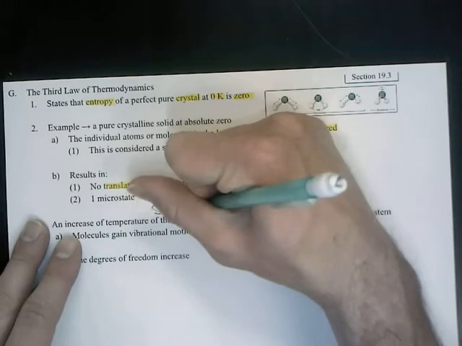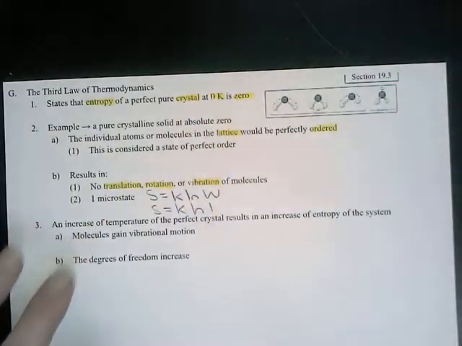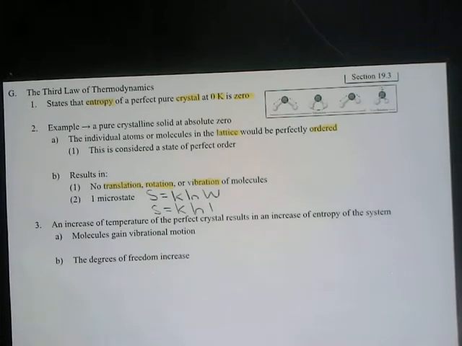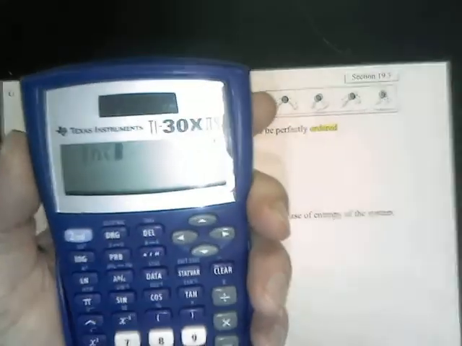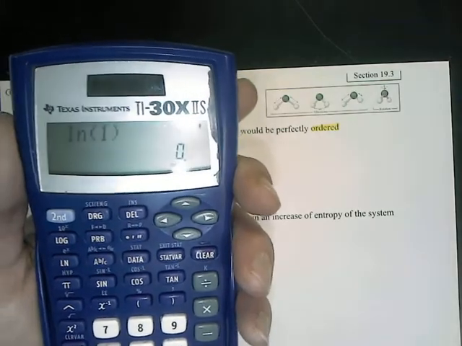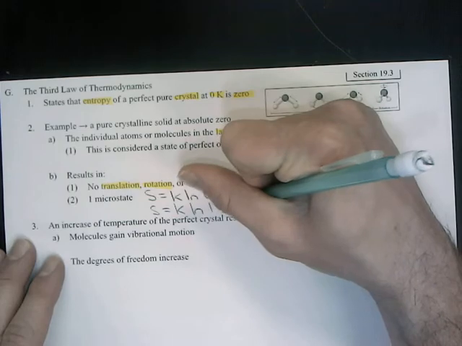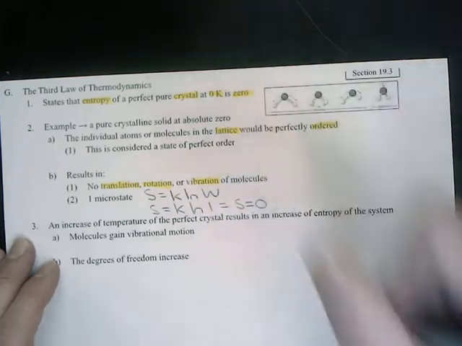I'll just say k times the natural log of our microstates, which is 1. If you take the natural log of 1 in your calculator, we get 0. What this means is that S equals 0.